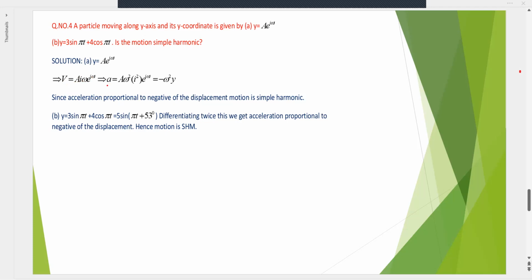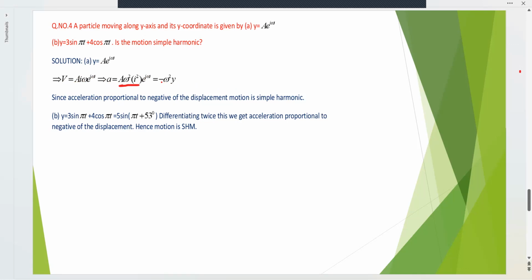Differentiate once again, that gives acceleration. See how much it is. Acceleration is a omega square i square into e to the power i omega t, and that is equal to minus omega square y.